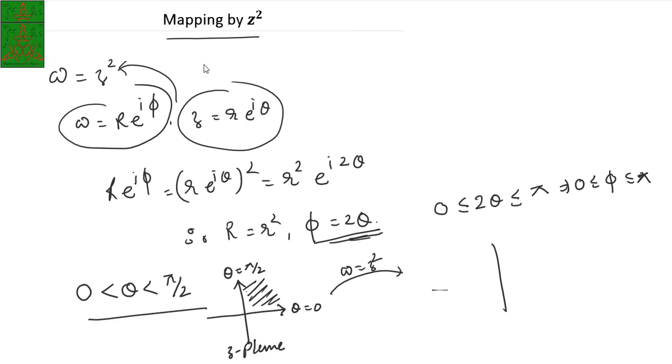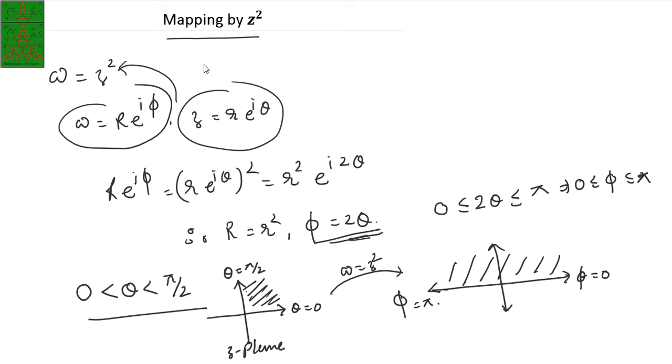That means the image will be the whole upper half plane. This is theta equal to 0 and phi equal to 0, and this will be phi equal to pi. So in any case, the angle is doubled in this situation.